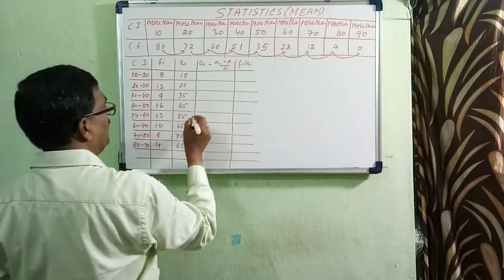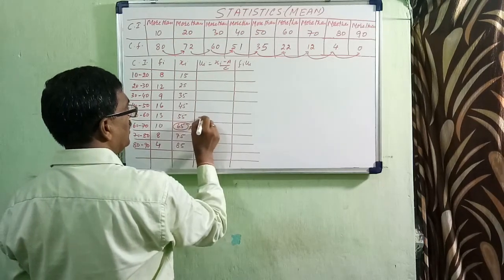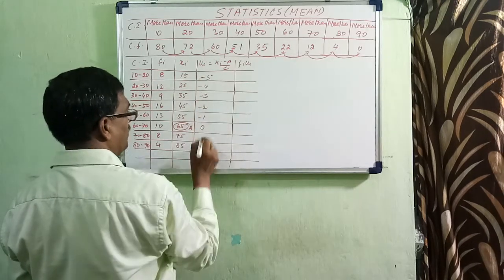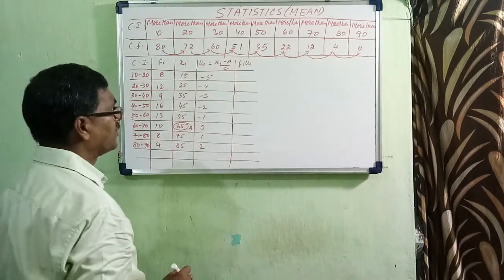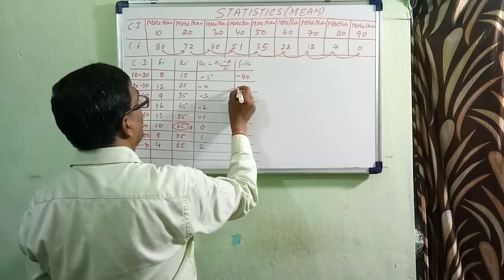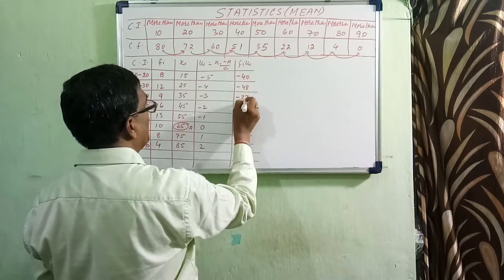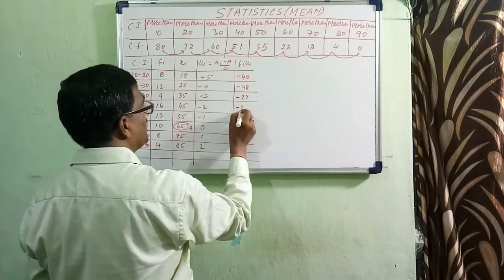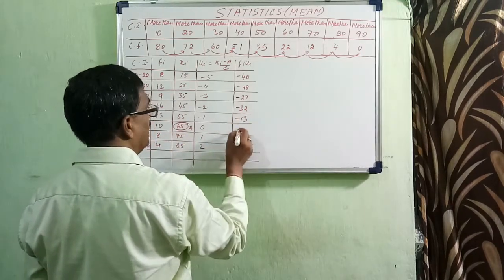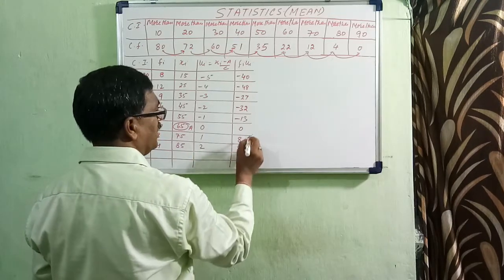And then UI will be, suppose I am taking this as A. So this will be 0, minus 1, minus 2, minus 3, minus 4, minus 5, 1, 2. After that, minus 40, minus 48, minus 27, minus 32, minus 13, 0, 8 and 8.